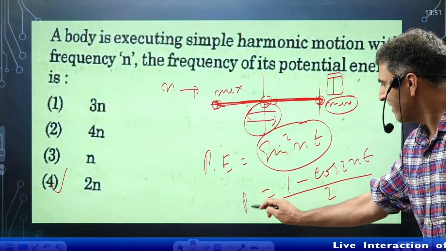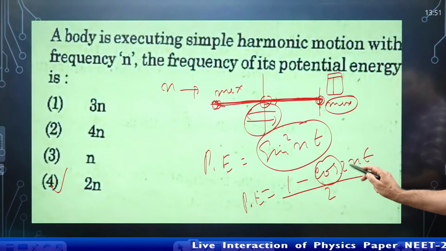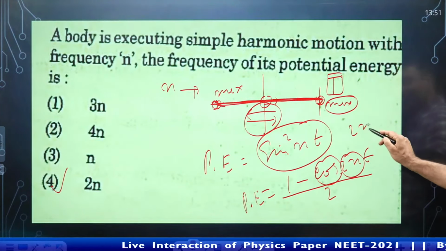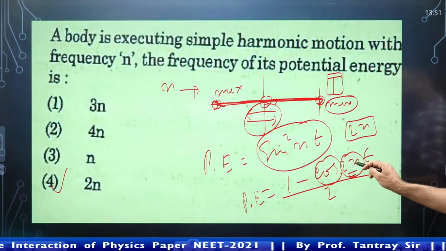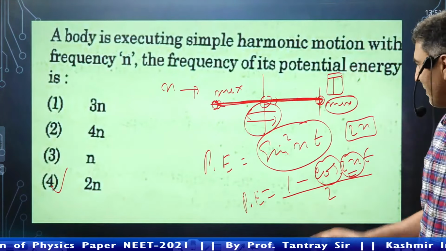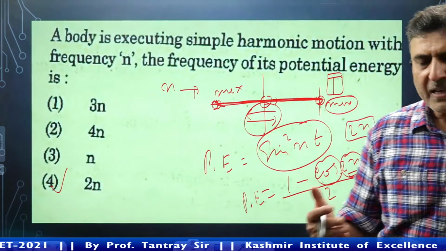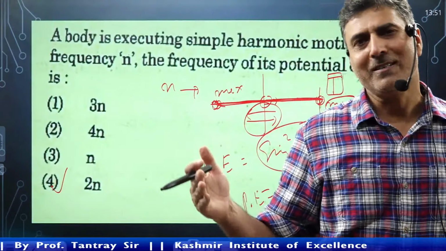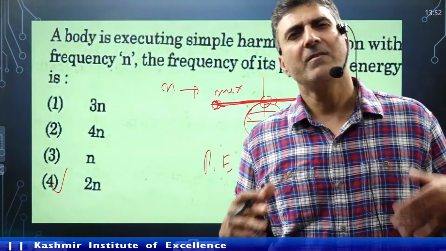So frequency is given by the cos function. The coefficient in front of cos is 2n, that gives you the frequency, therefore 2n is the frequency. So mathematically you can do it like this, or physically you can know that potential energy achieves maximum value twice in one oscillation. So whether it is kinetic energy or potential energy, the frequency will be twice.